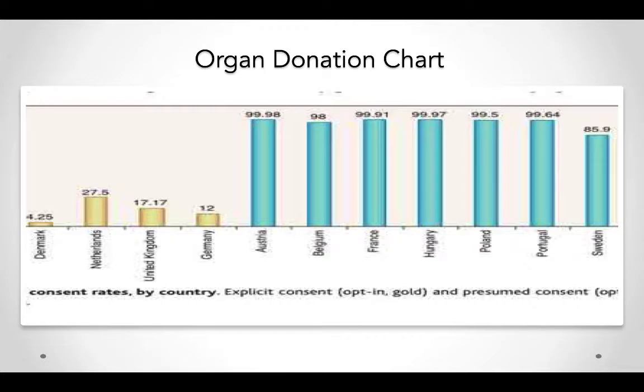Before we get into it, think about the last time you went to the DMV, the Department of Motor Vehicles, and took your driver license exam. And on that form, there was a question: would you like to participate in the organ donation program?